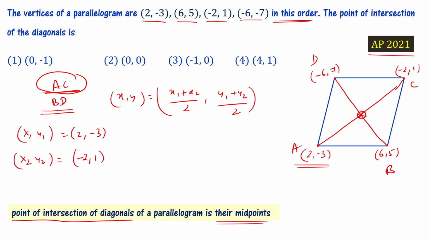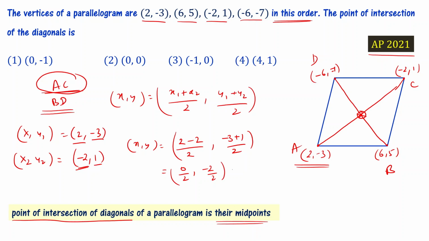Now the midpoint x, y is going to be x1 plus x2, that is 2 - 2 divided by 2, y1 plus y2, that is -3 plus 1 divided by 2, right? This is going to be 0 by 2, -2 by 2, that is equal to 0, -1. 0, -1 is choice 1, right? Choice 1 is the right answer.